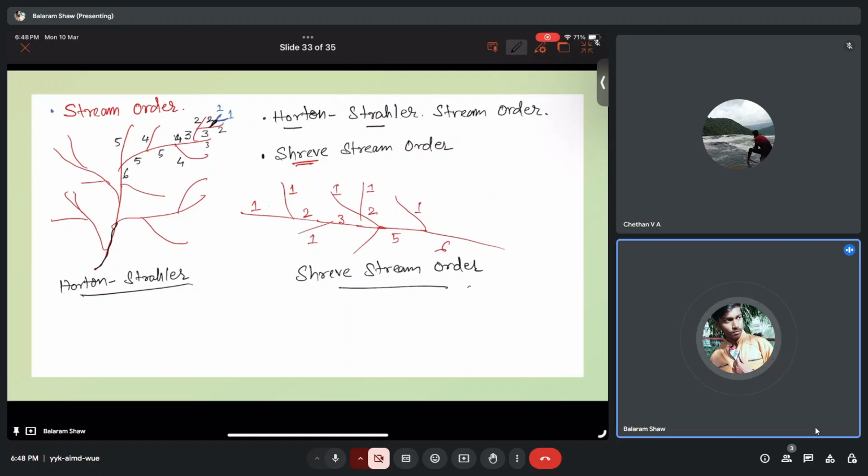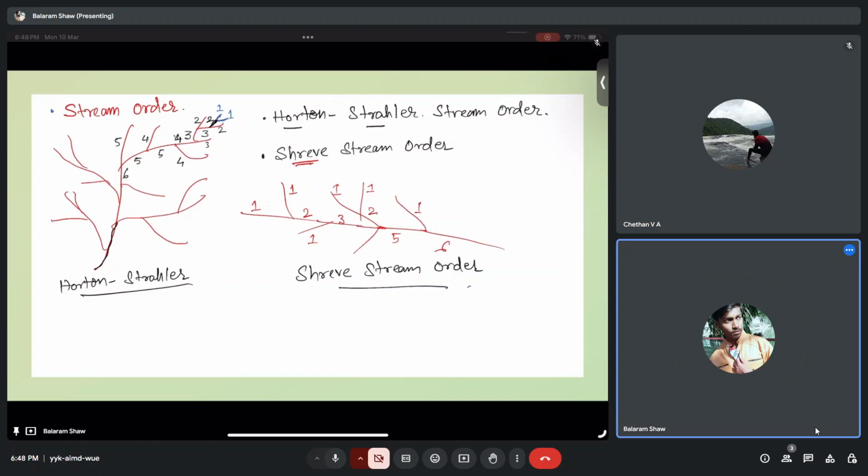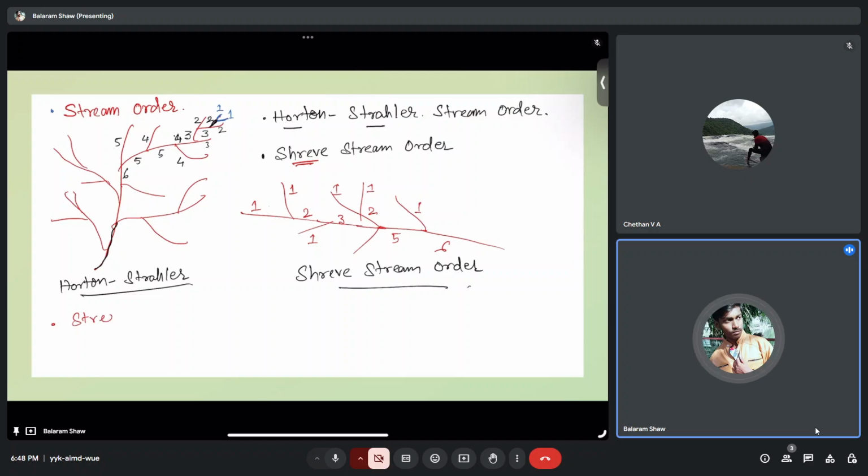Okay, so we'll move to the questions now. I hope till this it is clear. I was mentioning that there can be other linear aspects also, like stream number.